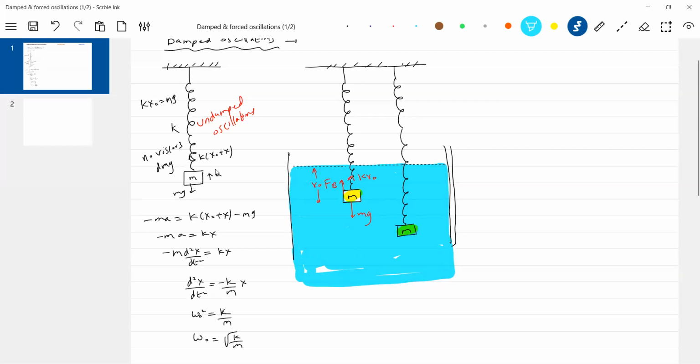So consider the viscous drag also in the picture. Tell me what will happen here. How do you write now the equation of SHM for this?